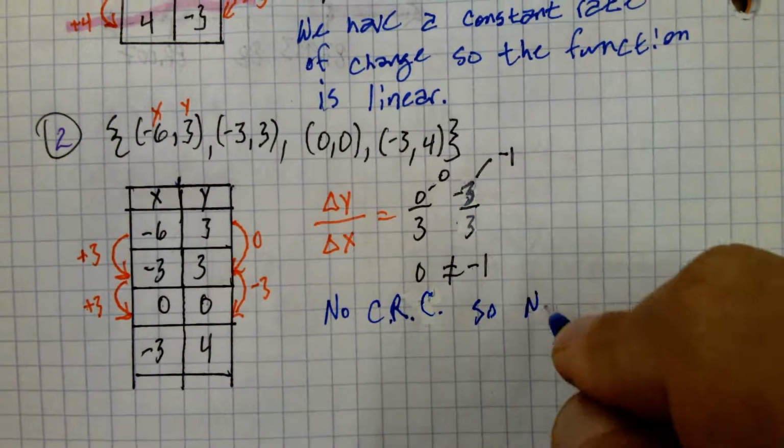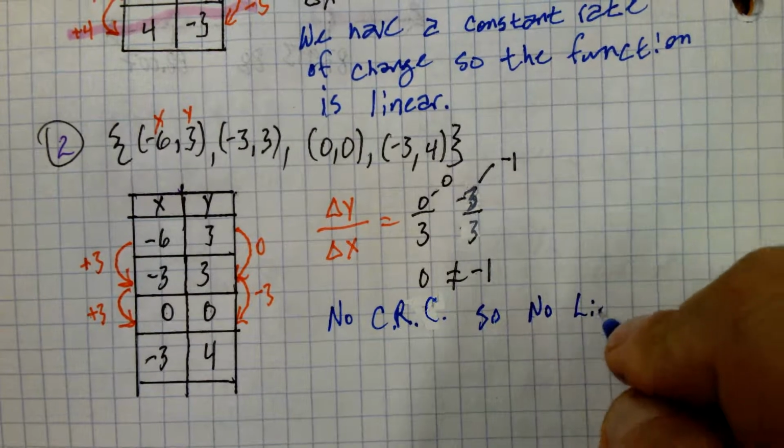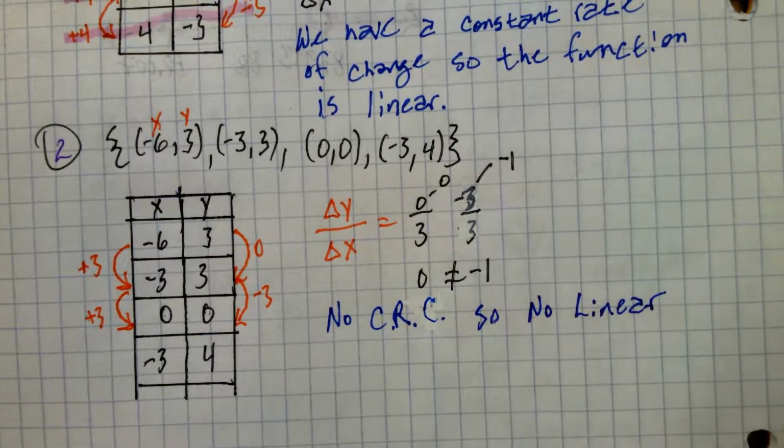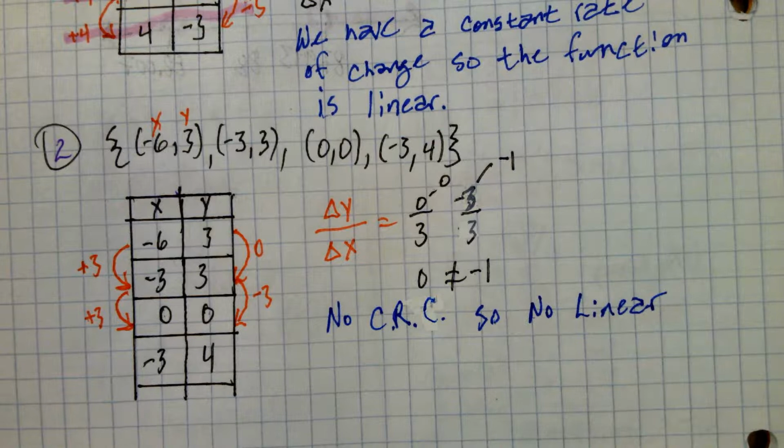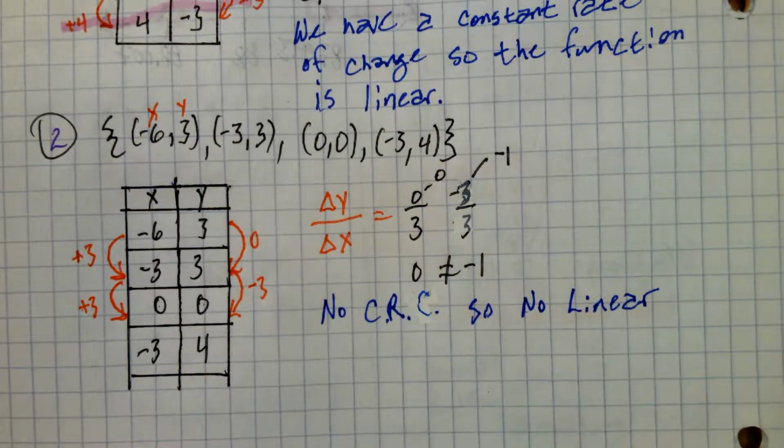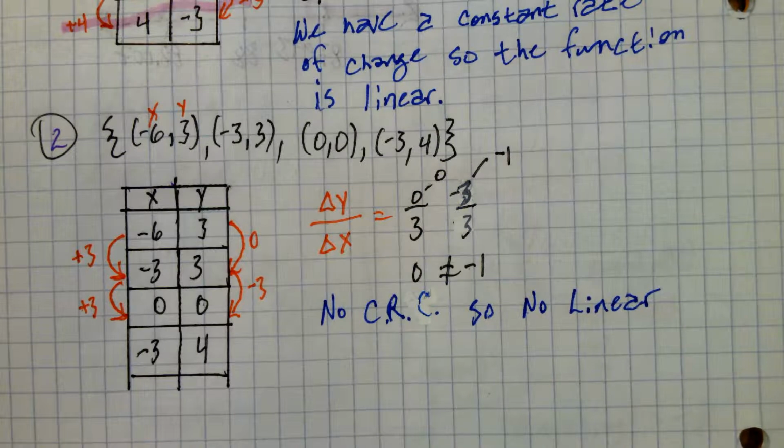So not linear. And we could just stop there and say, nope, that will not form a straight line when we graph it. Okay. So basically we want to determine, do we have a linear function or not? And the way we're going to do that is by finding the change in y's over the change in x's. Okay. And that's the assignment for today.